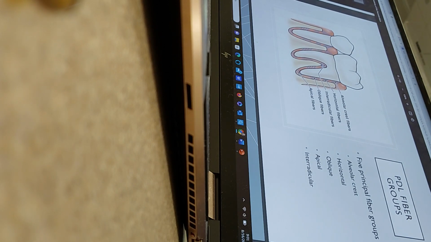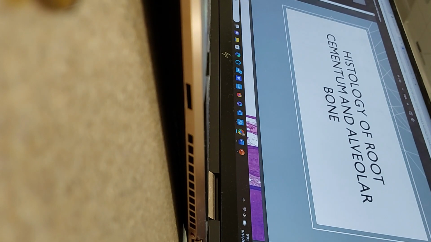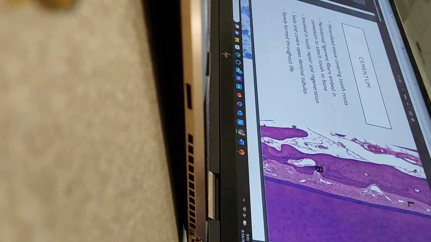And then a quick discussion about cementum and alveolar bone. You guys have learned about cementum. It's mineralized tissue. It covers the roots of the tooth. You already know that. The PDL fibers embed into the cementum to attach the tooth to the bone. How's the PDL embedded into the cementum?